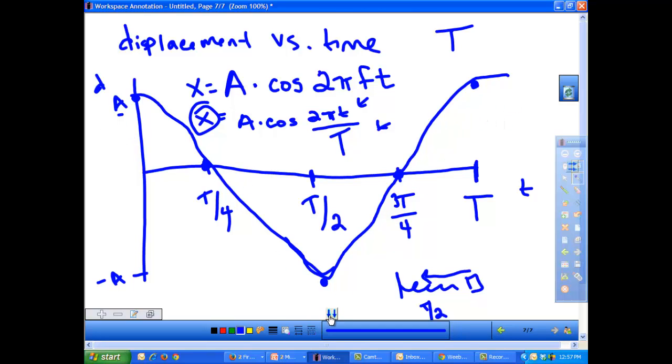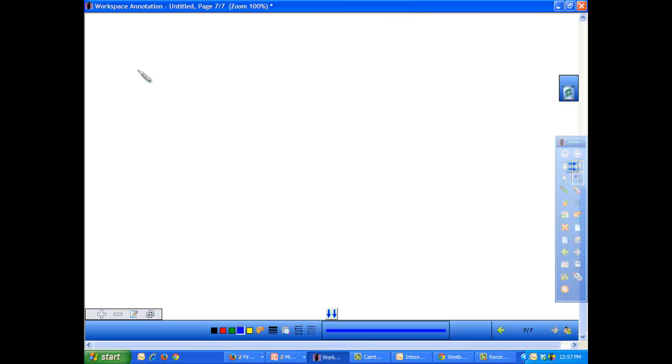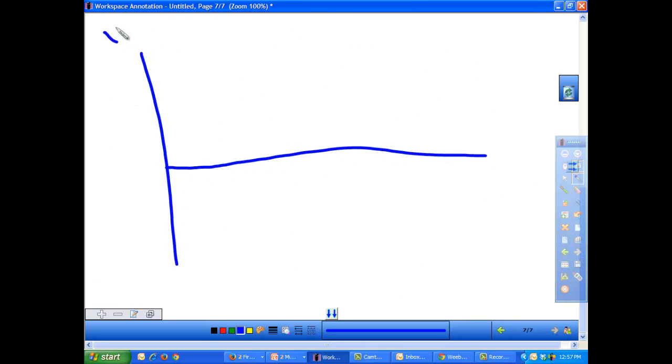Now we can do another graph like this for velocity time. And when you do velocity time, you're going to end up with a sine graph. So here's this, and here's your full cycle. Here's half of a cycle. Now, when you are talking velocity, you have a Vmax here, and you also have a negative Vmax here.